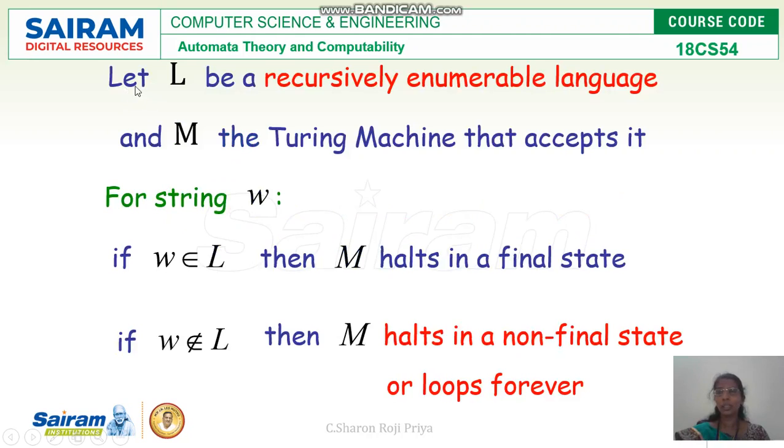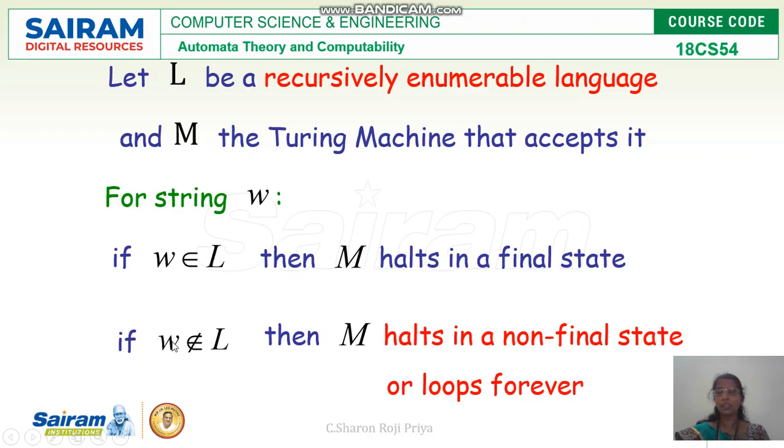Let L be a recursively enumerable language and M the Turing machine that accepts it. You can take a string W that belongs to L. Since this string belongs to this language, definitely it will reach the final state, and my Turing machine should halt. So the machine halts in the final state.